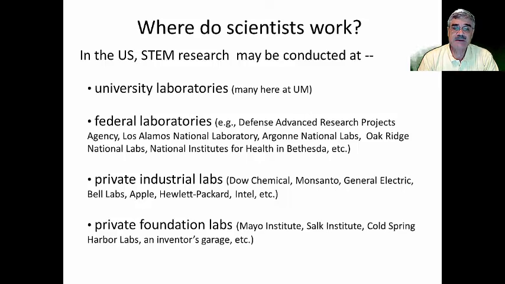Or science may be done in private industrial labs. Among those might be Dow Chemical or Monsanto or General Electric or Bell Labs or Apple, Hewlett-Packard, Intel. Or scientists can work in private foundation laboratories such as the Mayo Institute, the Salk Institute, or perhaps even in an inventor's garage or basement.